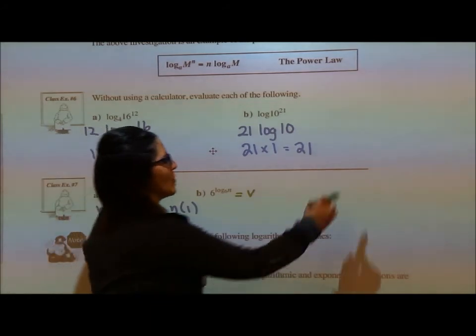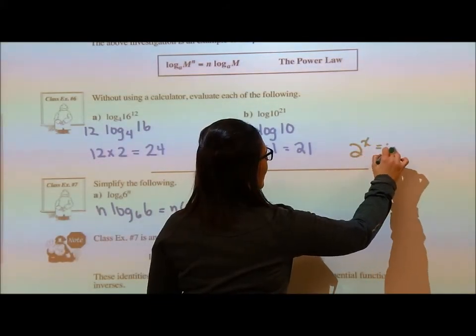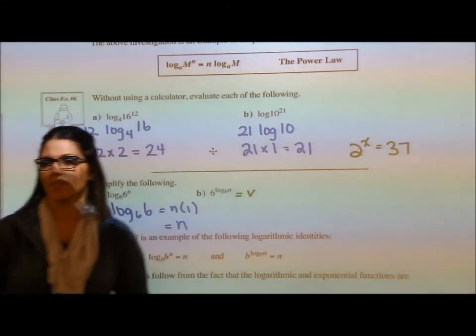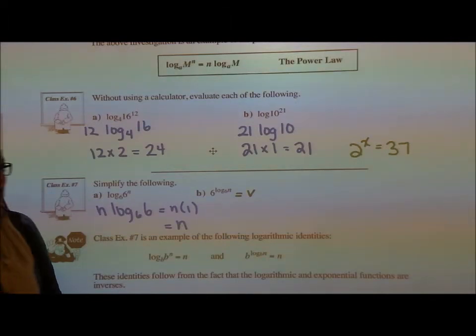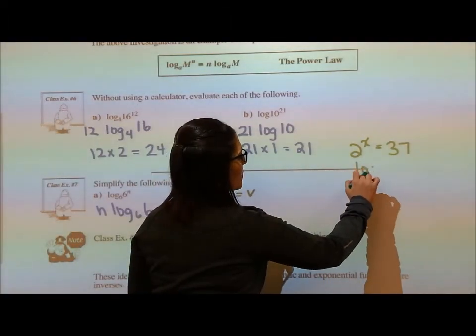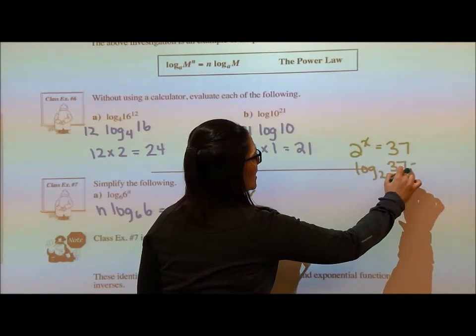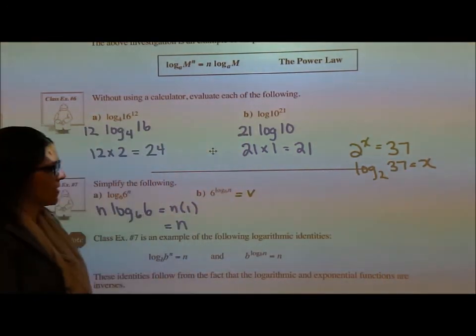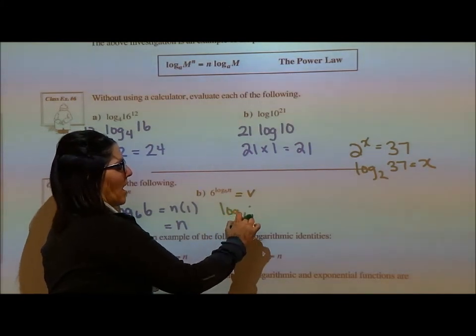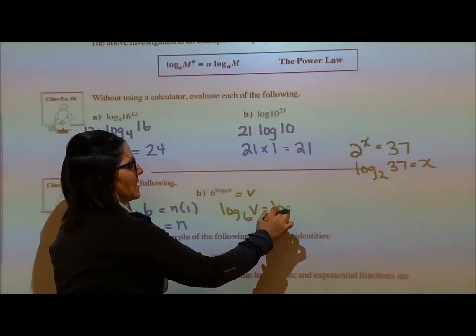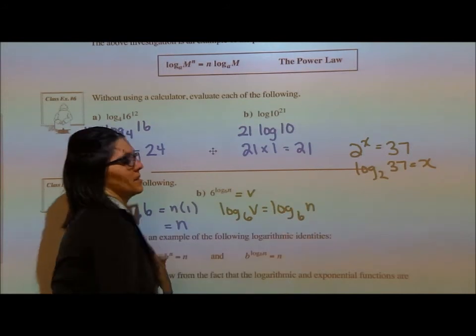If I have 2 to the power of x equals 37, what did we do to bring the x down? Jessica? You put it into the logarithm form. So this became log base 2 of 37 equals x. So then this is going to become log base 6 of v equals log base 6 of n.